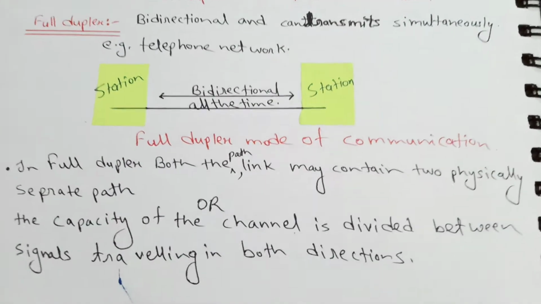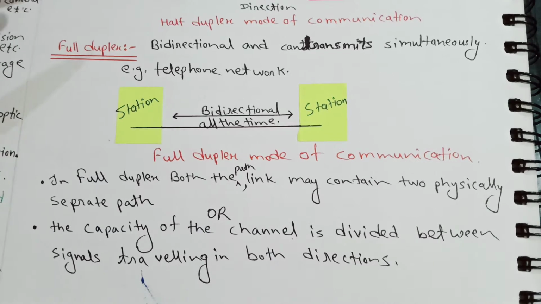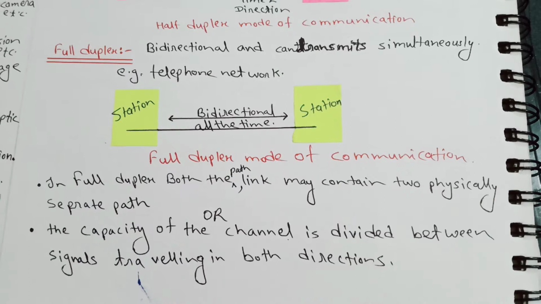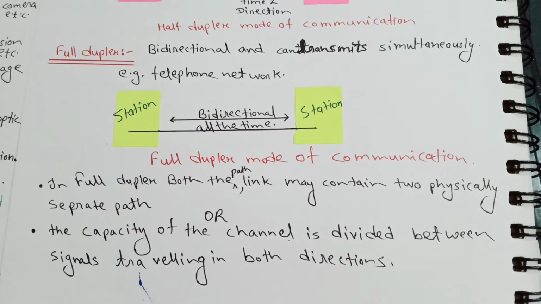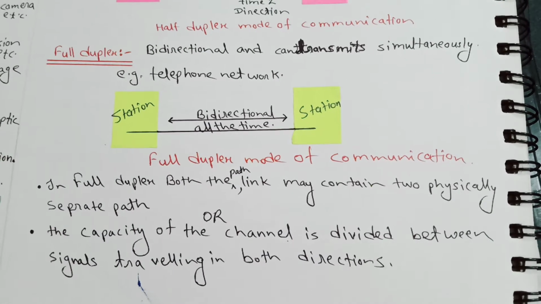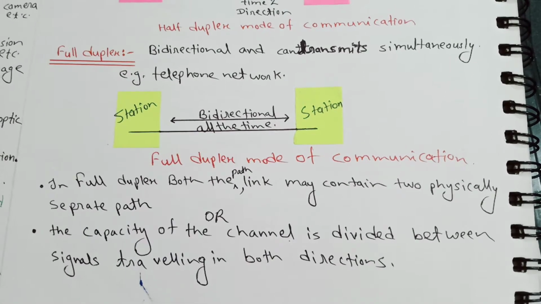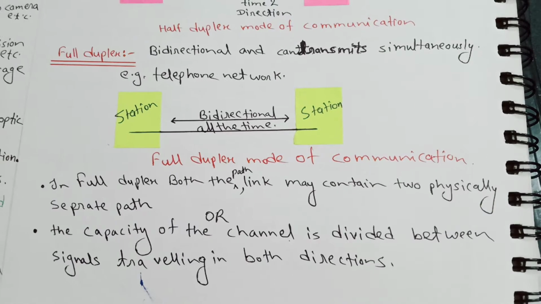Then we can see that the full duplex is bidirectional and can transmit simultaneously. Okay, in half duplex we are sending the data in both directions but not at the same time. But in full duplex we can send the data in bidirectional mode, and at the same time, all the time we can send the data, just like a simple meeting or discussion.